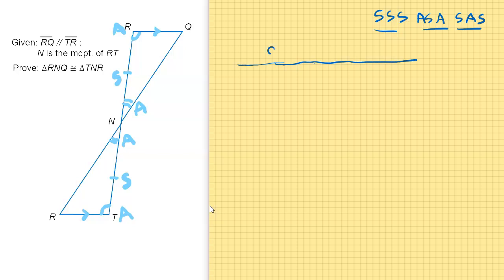Okay, this column is going to be statements, and this column is going to be reasons. And I'm going to write the first statement, first reason here. Because we're using ASA, I like to start with an angle.